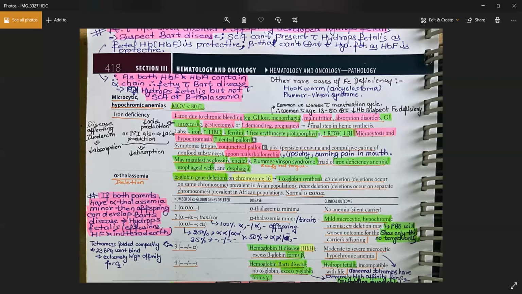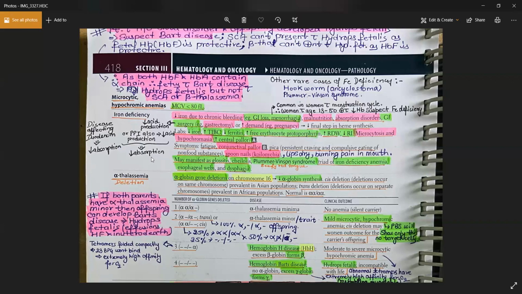The second thing is malabsorption, in which you have decreased absorption of iron. Third are absorption disorders: in celiac disease, you can have an iron absorption disorder. In bacterial overgrowth syndrome, you can have iron loss also. In any gastrectomy, you can have iron loss. In pregnancy, you have an increased demand for iron, so in that case also you can have iron deficiency anemia.